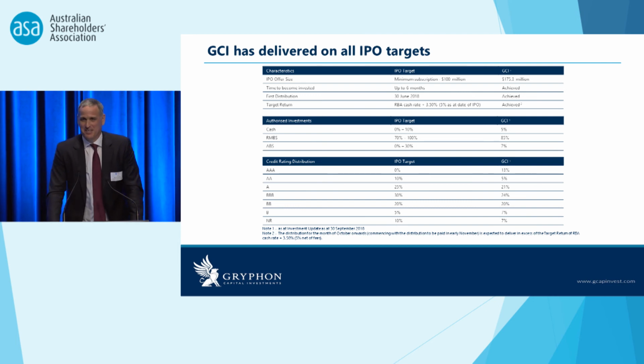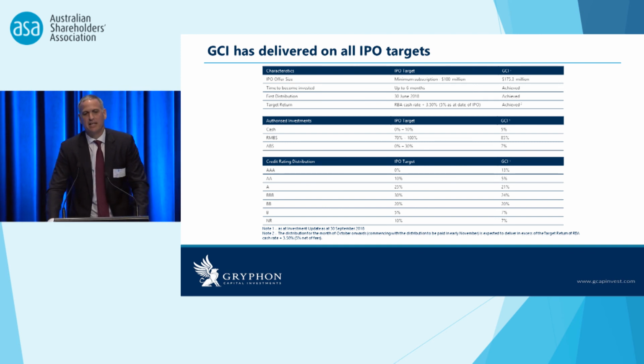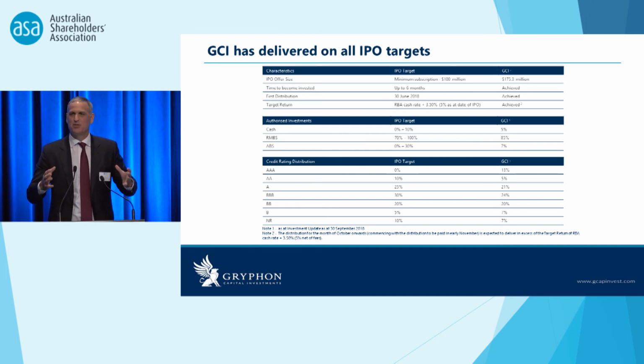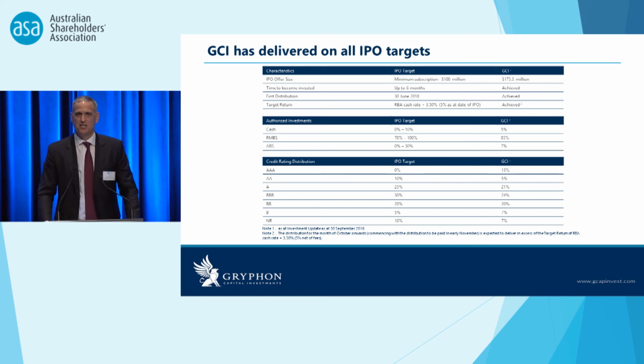A little plug for GCIT, the Gryphon Capital Income Trust. As you can see from the table again, what we're looking to do here is give investors a snapshot of what we said when we were out raising the IPO back in May of this year.